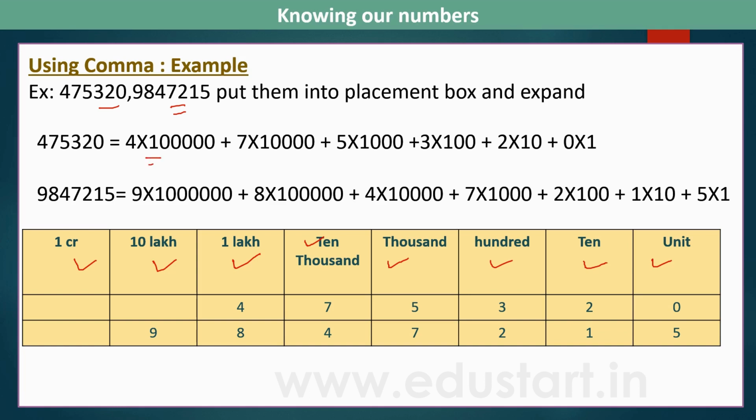So 4 into 1 lakh, 7 into 10,000, 5 into 1000, 3 into 100, 2 into 10 and this is units place. Now if you consider the next number, 9 is present at 10 lakhs place, then 8 is 1 lakh place, 4 is 10,000s place, 7 is thousands place, 2 is at hundreds place, 1 is at tens place, 5 is at units place. This is understood?